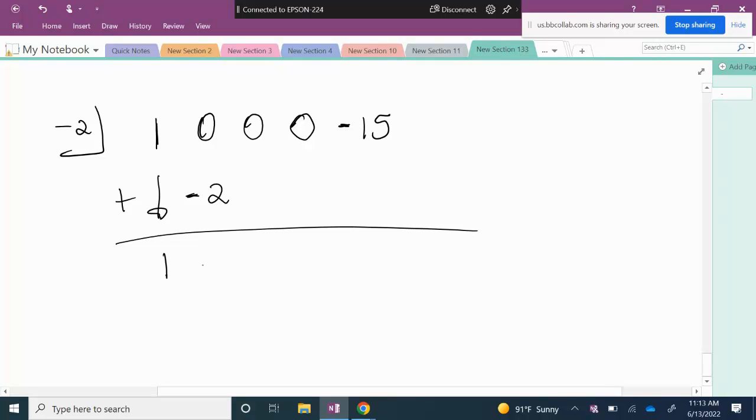Zero minus 2 is negative 2. Negative 2 times negative 2 is positive 4. Zero plus 4 is 4.